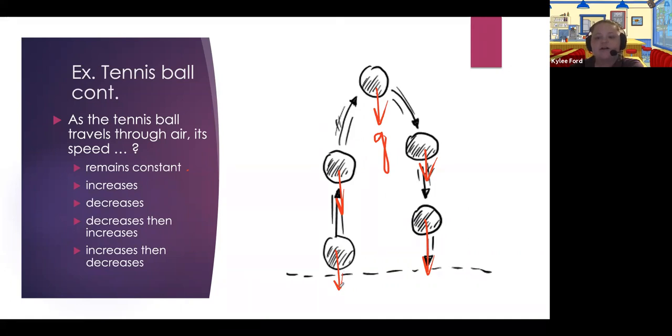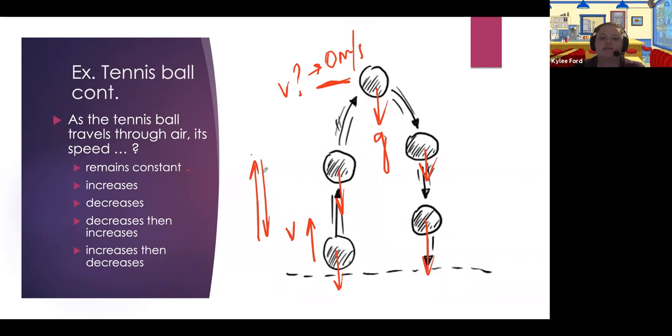Think about it this way: what is that ball doing? I threw it up, so it has some initial velocity going up. Then as it starts to hit its peak, what is that velocity there? That velocity goes to 0 at some point, and it turns around and comes back down.